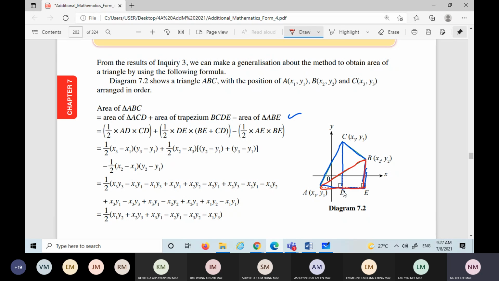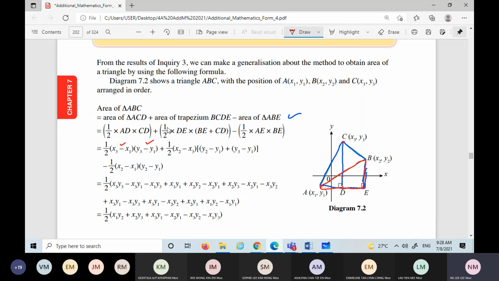The base you can get from the x coordinates, this minus this, so x3 minus x1. Then the height is from here to here, so you use the y coordinates, y3 minus y1. So this is the base and this is the height.